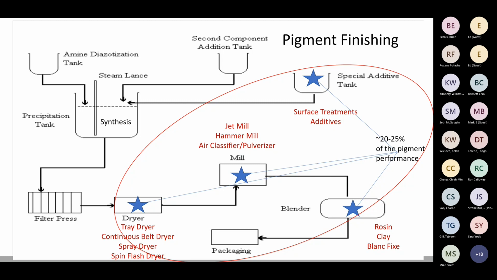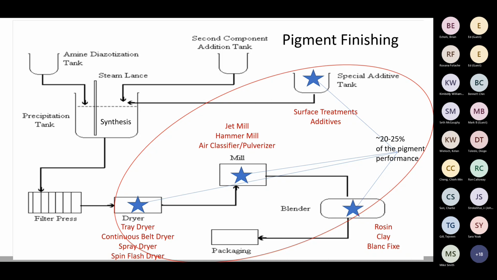Once the crude is completed, and the synthesis is finished and the crystals are grown to their appropriate size and shape, then in the dryer we have options in drying method to choose from to be able to dry the bulk of the water from the product. And it's the choice of dryer which dictates how hard the pigment might be in the end.